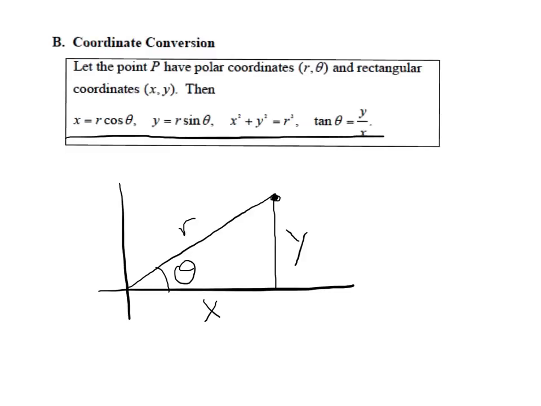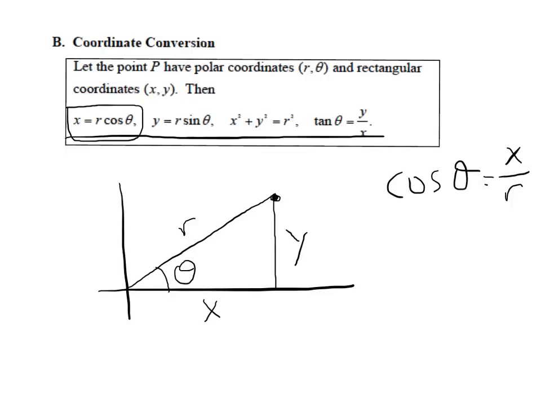If we look at the first rule, for example, x equals r times cosine of theta, we can say that cosine of theta from this picture would be adjacent over hypotenuse, that is x over r. And if we were to rearrange this equation, multiply both sides by r, we would get this rule right there.